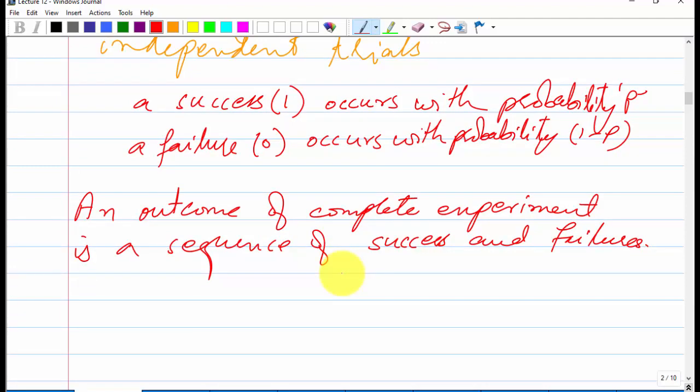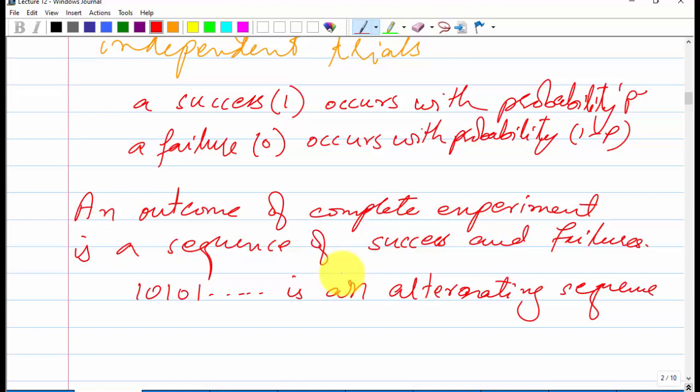That is denoted by a sequence of 1 and 0, like 1 0 1 0 1 and so on, which is an alternating sequence. There could be any other sequence, but this is an example of an alternating sequence of successes and failures.